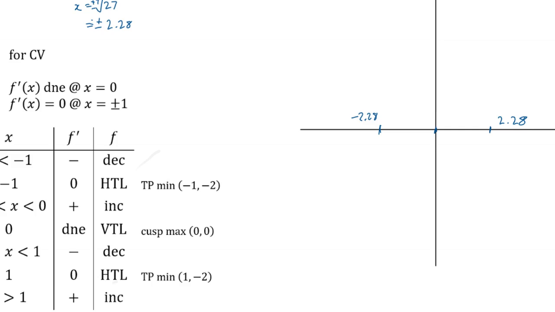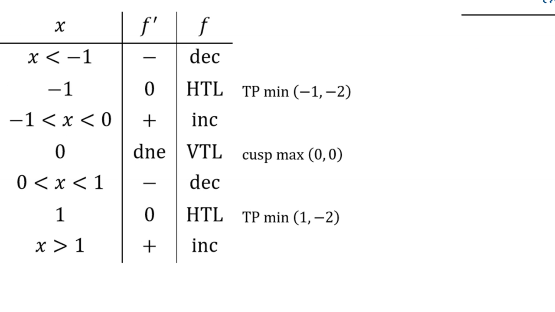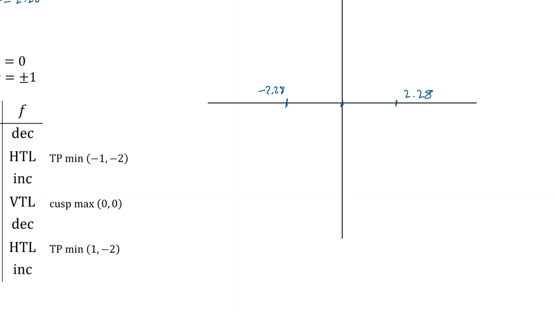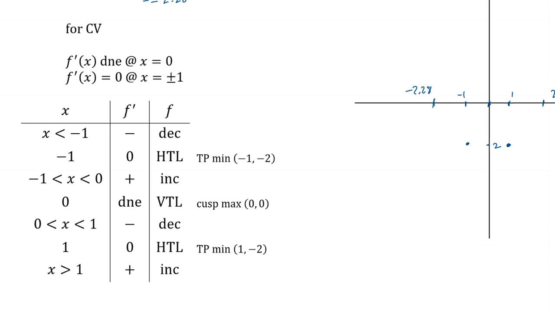From all the work we did yesterday, I've got two turning point mins, and they're symmetrical, -1, -2, and +1, -2. And I've got a cusp max at 0, 0.